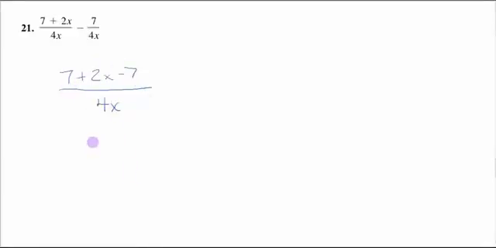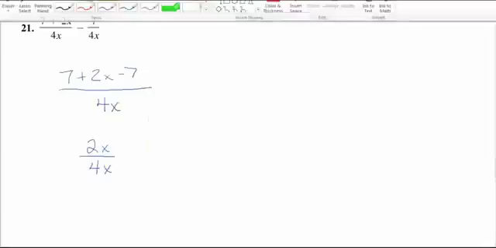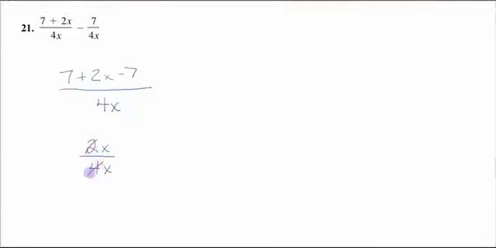Simplify by subtracting the 7 from the 7, so I just get a 2x on top and a 4x on the bottom. I can simplify by canceling there and canceling there, and that leaves me with an answer of 1/2.